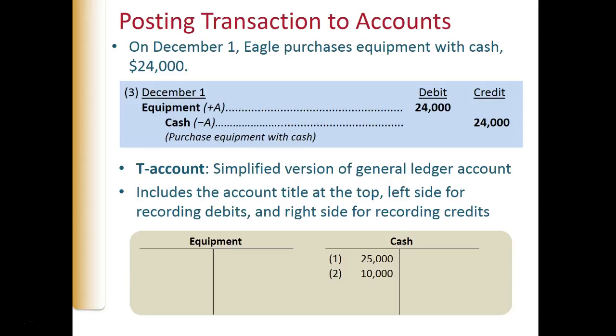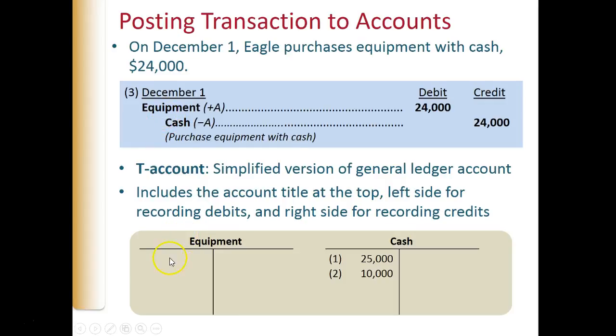It's basically an easier way for us to show the balances, the debits and credits in an account. So the T account is a simplified version of the general ledger account, and it includes the account title at the top, the left side for recording debits, and the right side for recording credits.